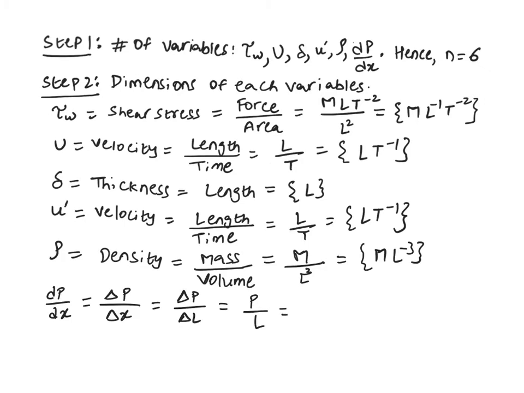And pressure dimensionally is represented as m L power minus 1 T power minus 2, which is pressure as force over area, whole divided by L. That gives us finally the total thing as m L power minus 2 T power minus 2.